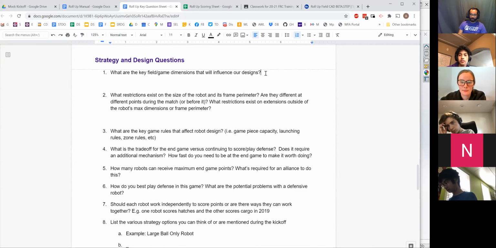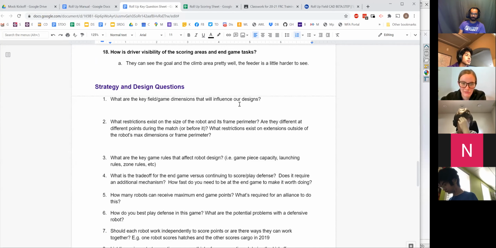Okay, so the more inventive, deductive reasoning questions that we have to think about are where we have to start using all that stuff we just went over and learned about Rollup to help us figure out what kind of constraints we have on our designs, and then what information we need to be able to actually do our designs, right?